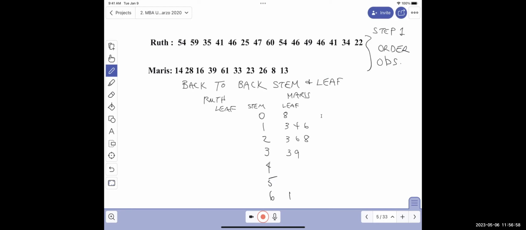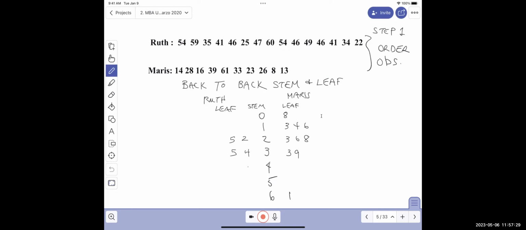And then for Ruth, it's going to go 22, 25, and I go from right to left. I do things backwards. Then 30, 34, and 35. You put them one under the other, even though they're different numbers, we're treating them like they're the same, and we're counting the frequency, how many of them there are.